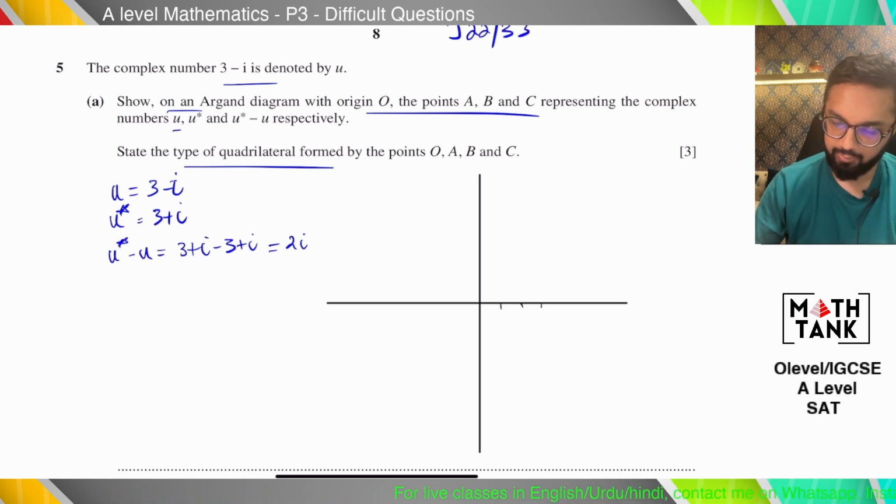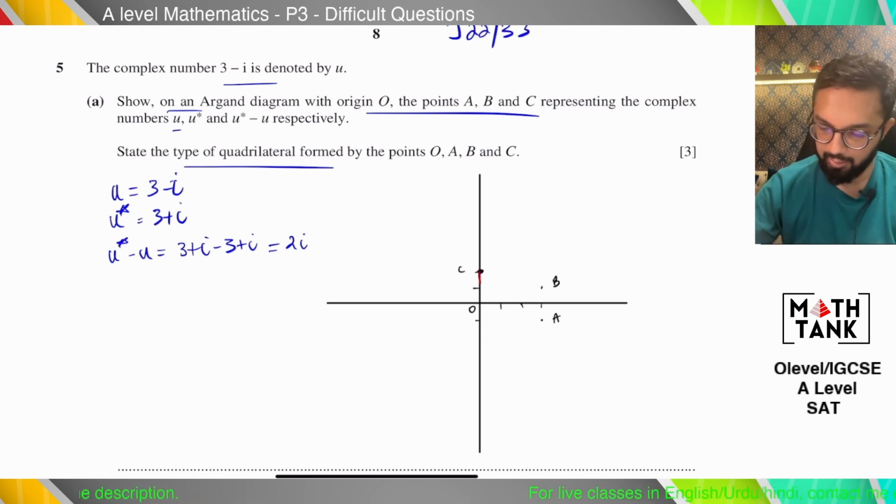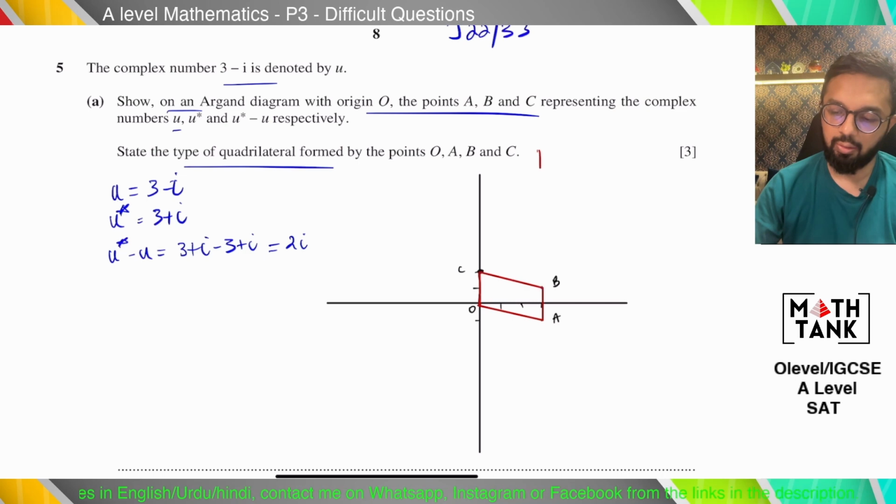So that's O, that's A, that's B, and that's C. So I think the quadrilateral that I'm talking about looks like a parallelogram. Why? Because these two sides are parallel and equal as well. Yep. So okay, that's a parallelogram. It's easy 3 marks on the exam.